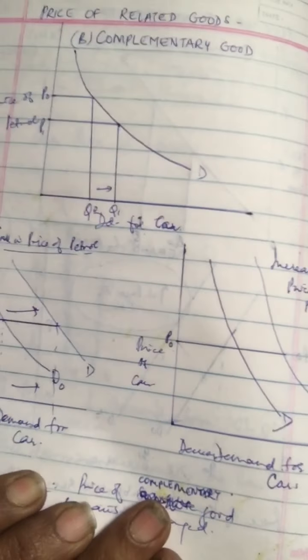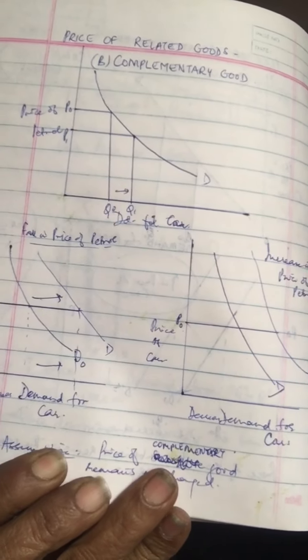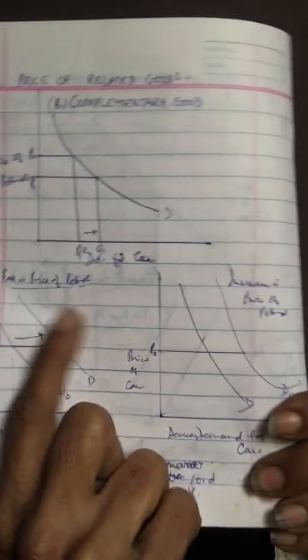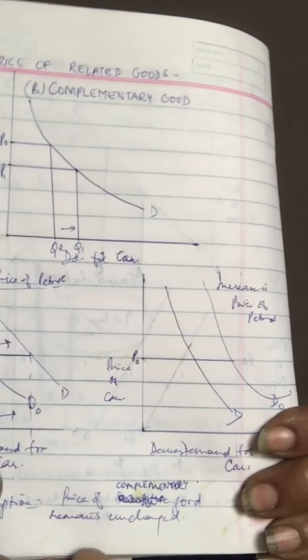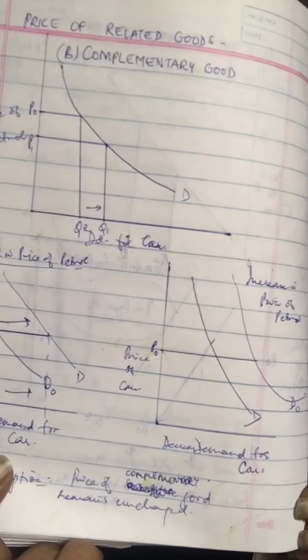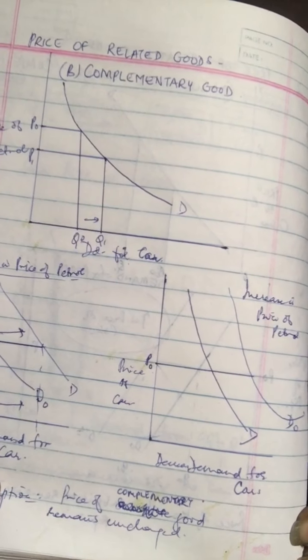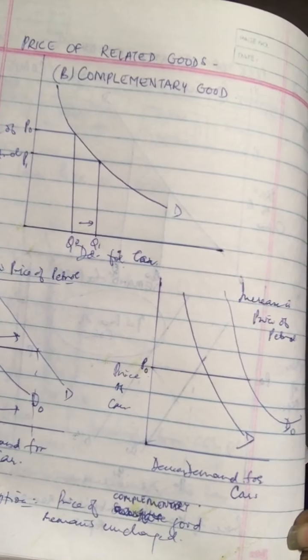Now suppose the price of petrol has fallen, look at this. If the price of petrol has fallen and the price of car remains the same, so what happens?